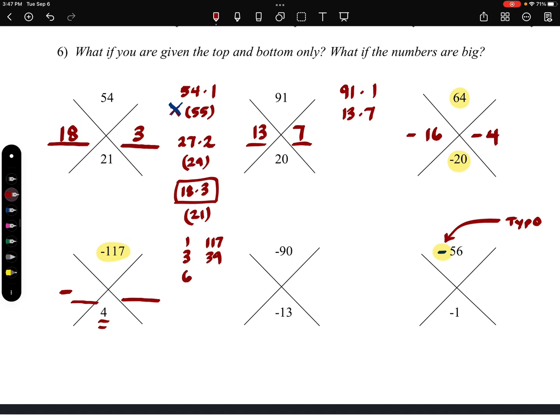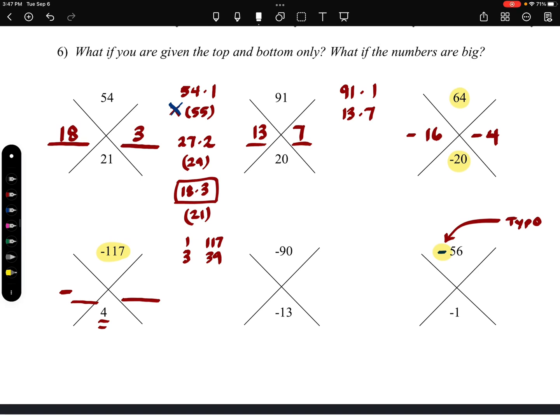Let's see there. 117 divided by 6. 6 goes into there once. 5 left over. It does not. Okay. We go all the way up to, I don't know, you can keep trying numbers, or you can just start dividing and playing around with it there.